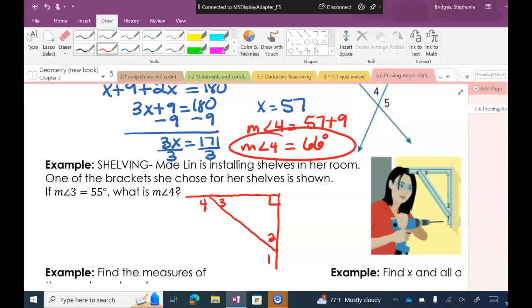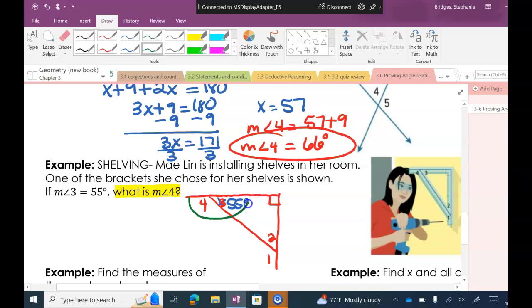All right, so, yes, the little box is 90. It tells me the measure of angle 3 is 55 degrees, so I'm going to label that as 55 degrees. And it's asking me to find the measure of angle 4. So what we need to determine is, what can you tell me about 3 and 4 together? They make 180. They are a linear pair.